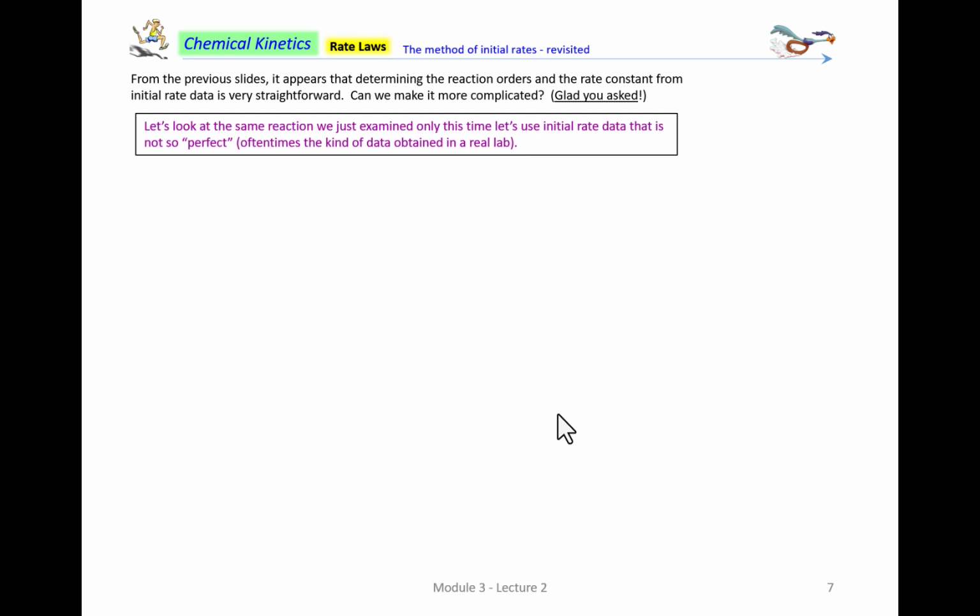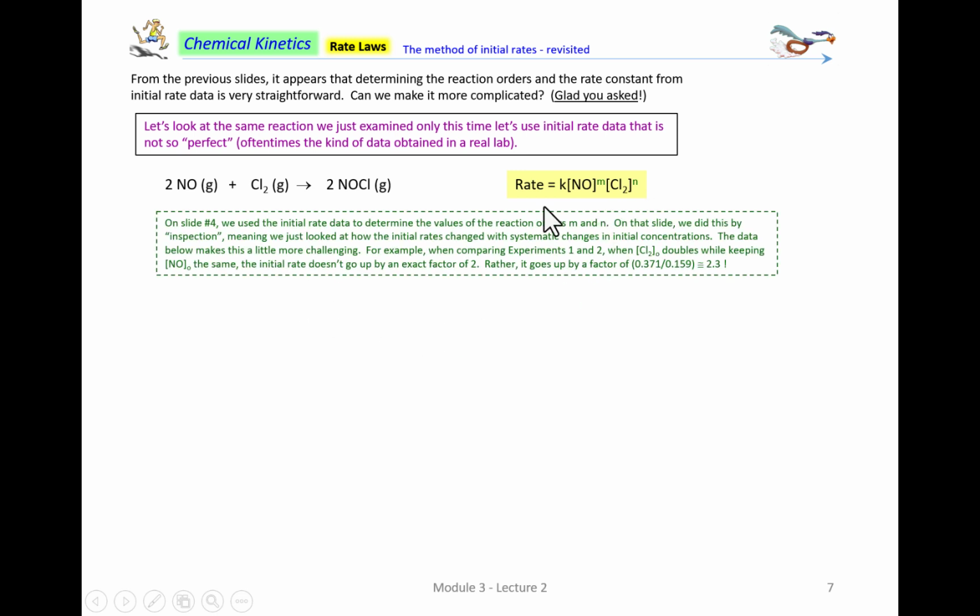So remember the reaction and the initial rate law form before we knew what the rate law was. If we didn't know what it was, of course, we'd write it this way in a general form. And remember, we want to determine m and n and K.